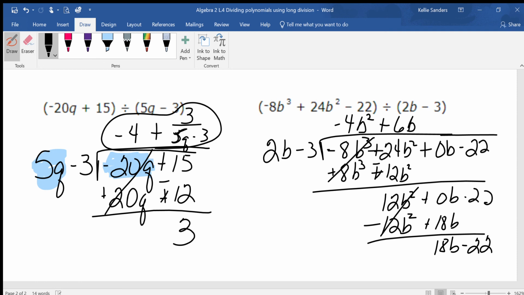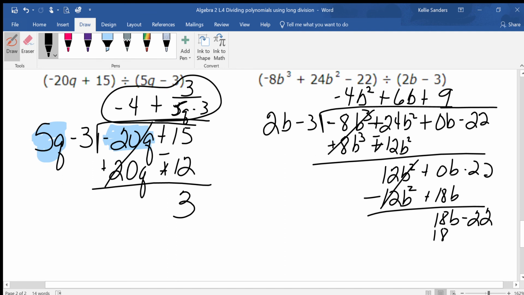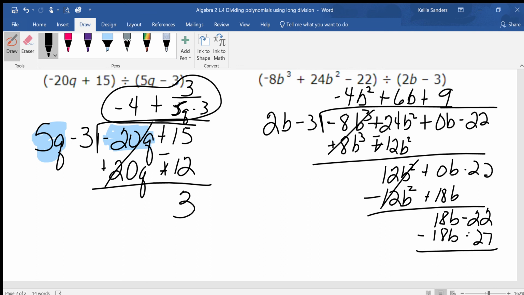Bring down the negative 22. 2 times what is 18? 9. We already have the b. Got to scoot up. 9 times negative 3 is negative 27. Draw your line, change your signs. 27 minus 22 is 5. So it'd be plus 5 over 2b minus 3.